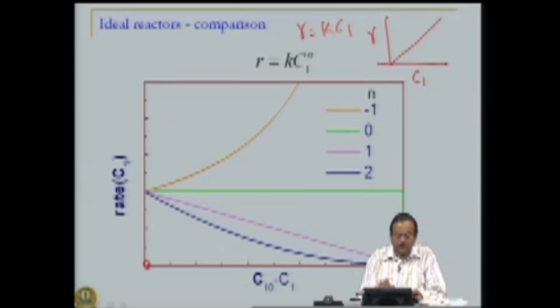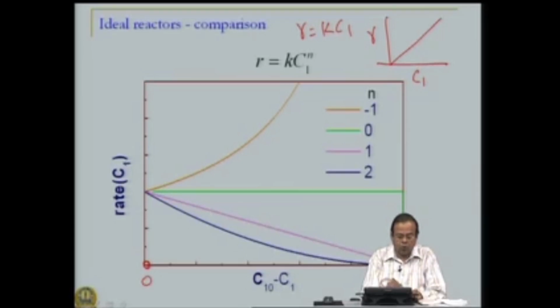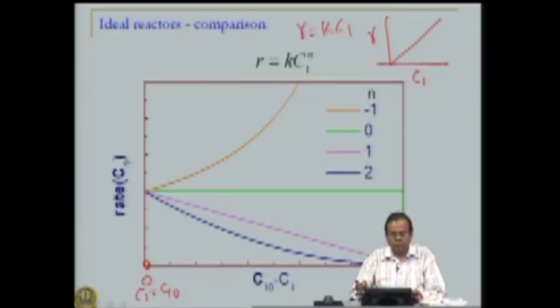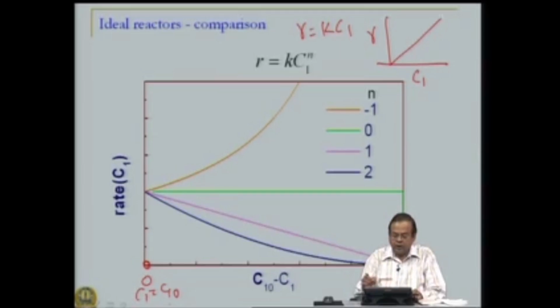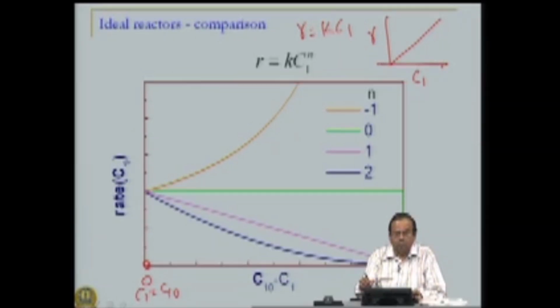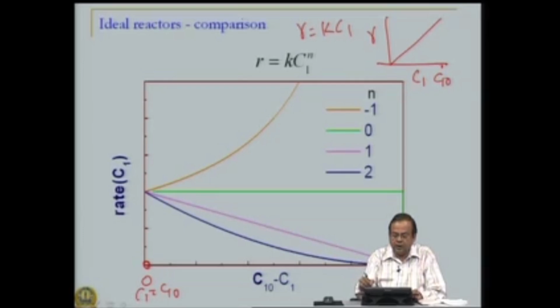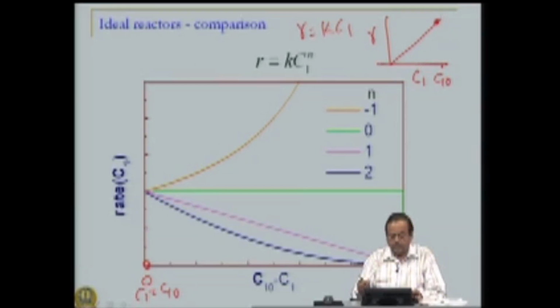This is the point when C10 minus C1 is 0. That means this is C1 equal to C10. So, this is a point in our regular curve, the rate at C1 equal to C10, which is this particular point.